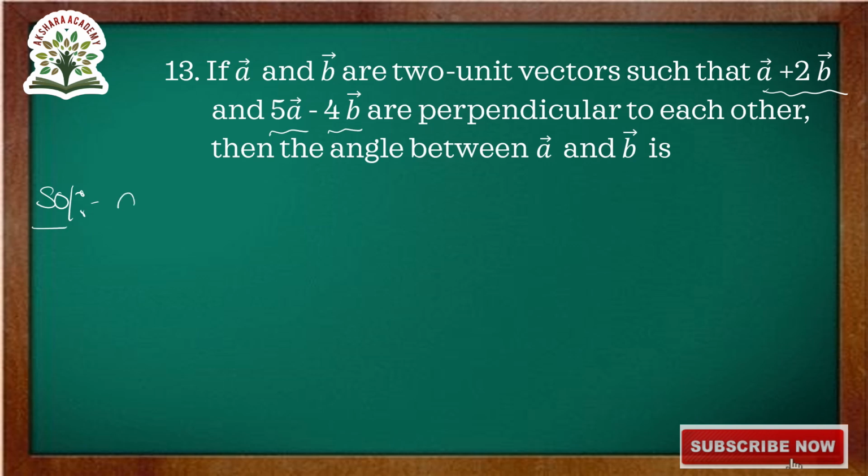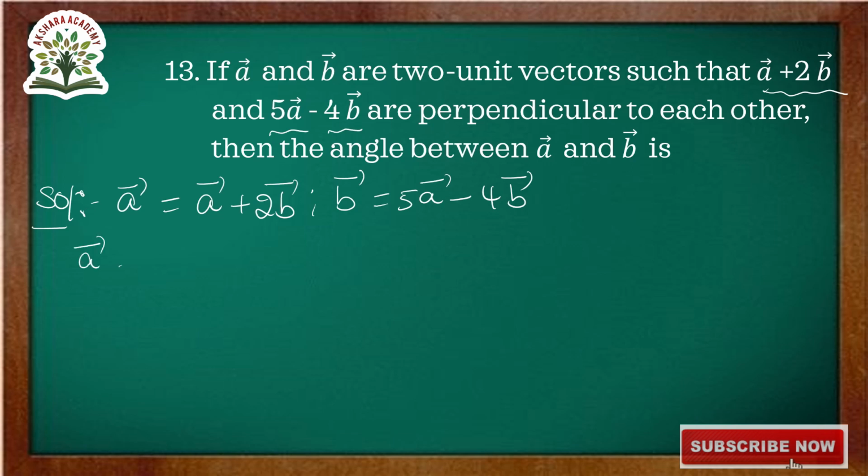Given vectors a bar plus 2b bar and 5a bar minus 4b bar are perpendicular to each other, so their dot product is equal to 0.